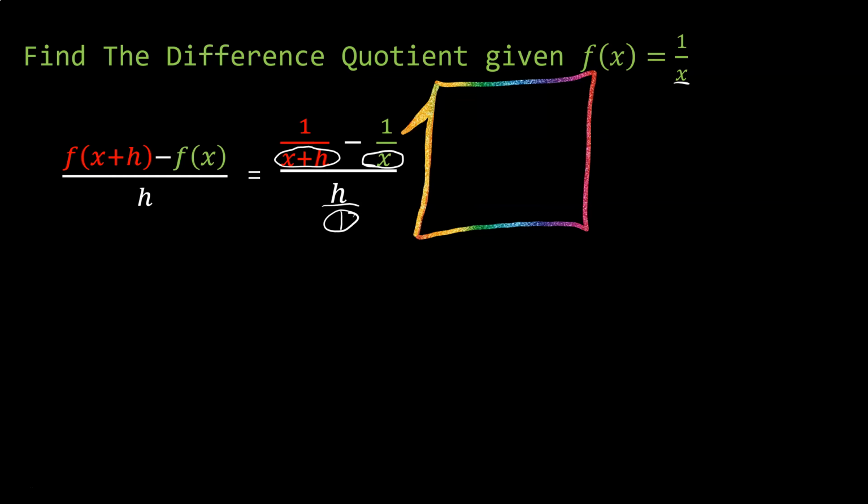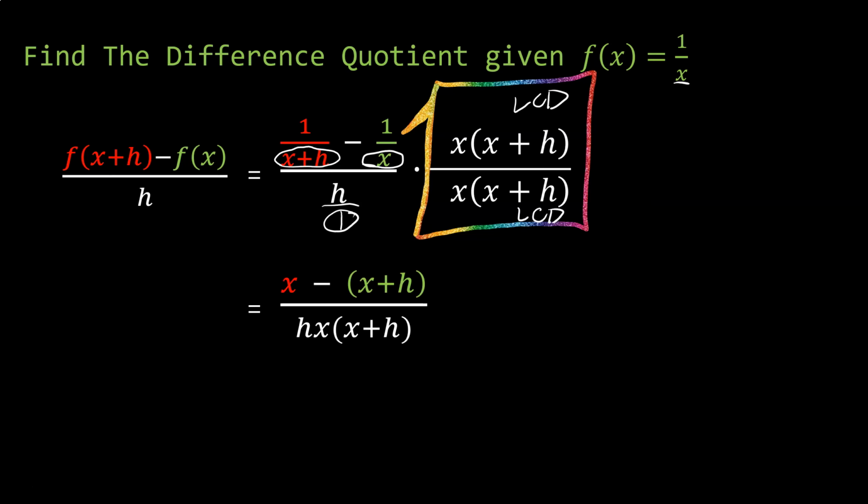So I'm going to multiply this complex fraction by 1, and that 1 is going to be least common denominator divided by least common denominator, right? So when I distribute, the x plus h in the red term there is going to cancel out. That will just give me x.